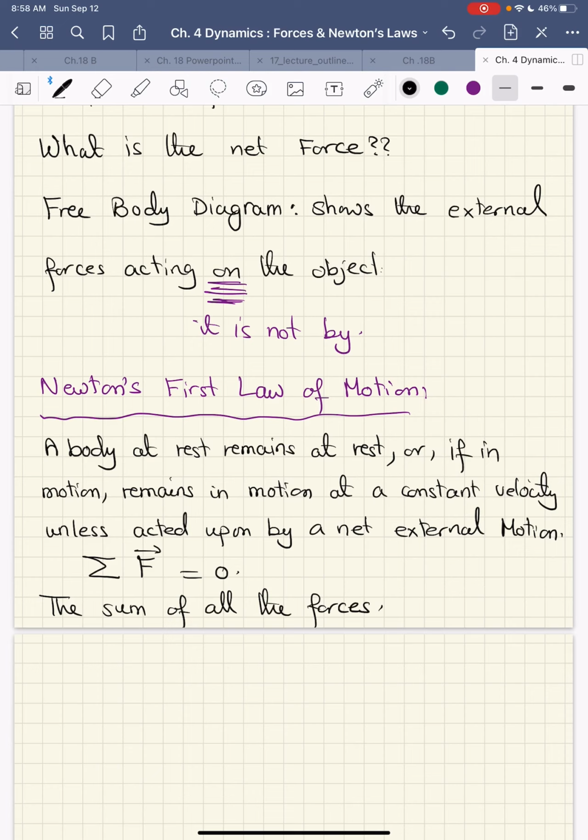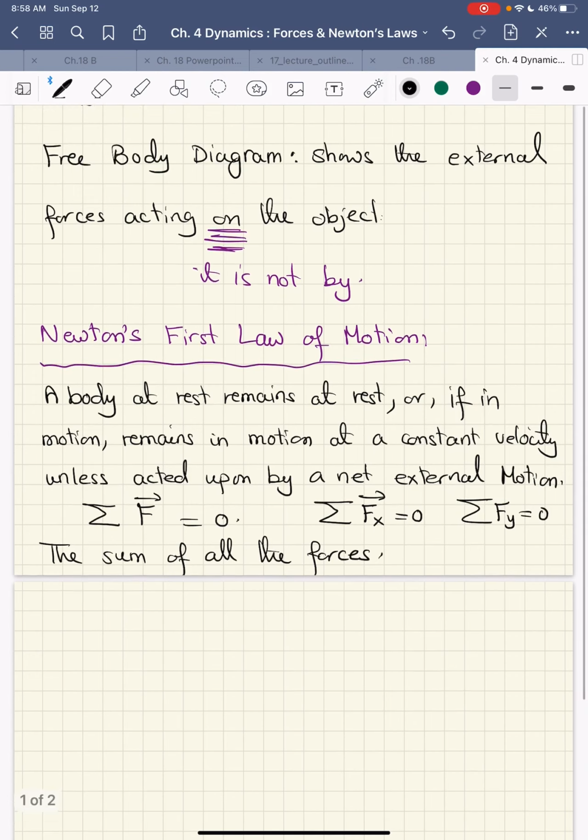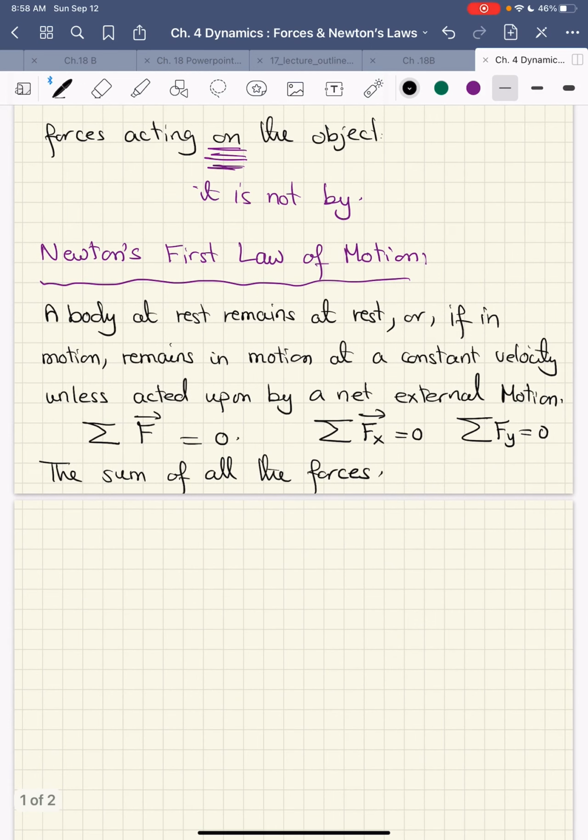In addition, we can split this into two equations, sigma Fx equals 0 and sigma Fy equals 0, because in this chapter we are talking about two-dimensional problems, and we will be able to split the forces into x and y and talk about each dimension by itself.